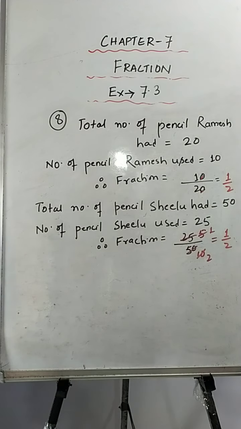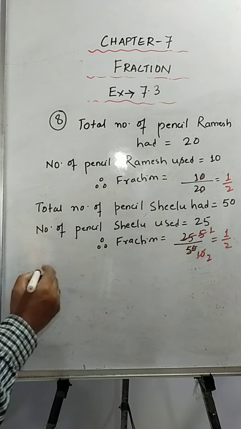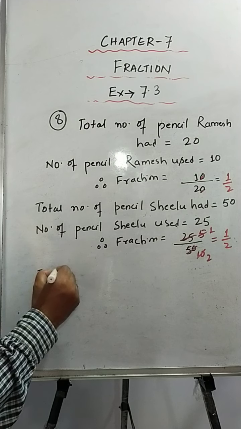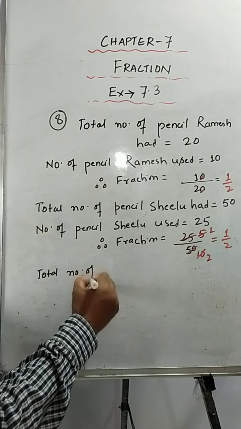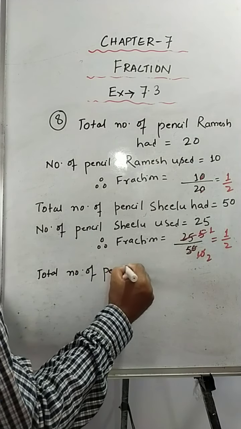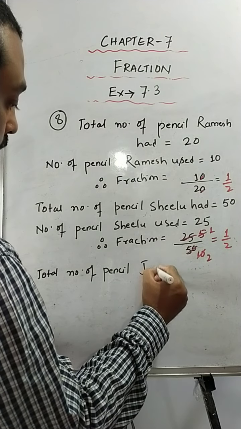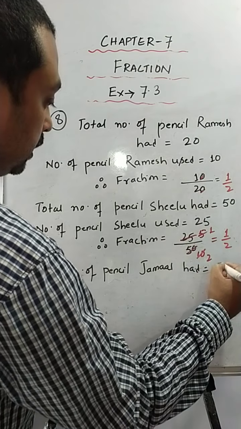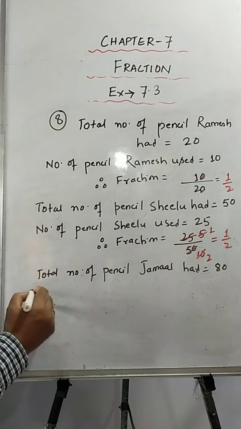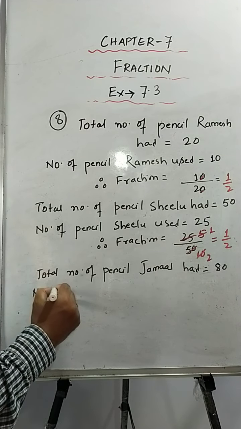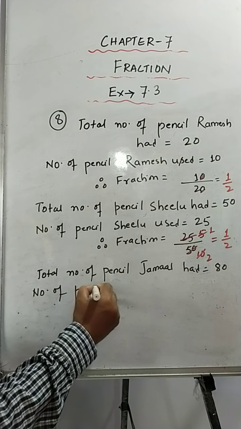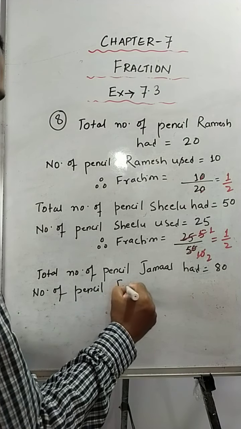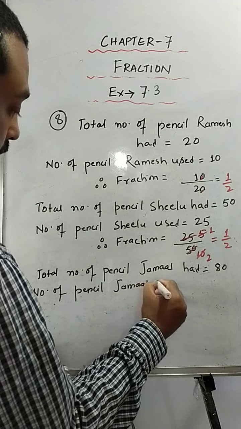Now let's check for Jamal. So the total number of pencils Jamal had, not used, is 80. Now we'll write the number of pencils Jamal used.